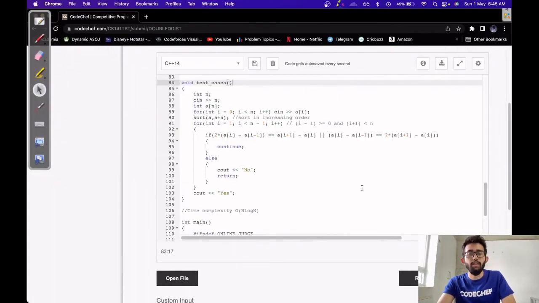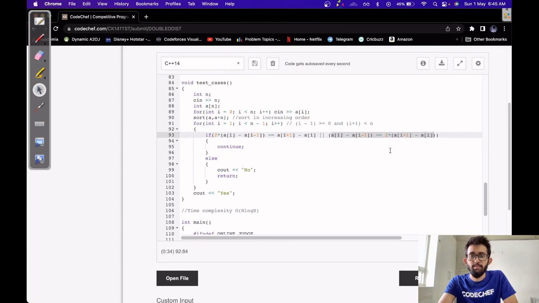Have a look at the implementation part. We take our input n, we take our input array A. Now we sort the array A in increasing order, and now we run the loop from I equal to 1 till I less than n minus 1, and we check for the two conditions. One of these conditions must hold, and these are the conditions. Either this should hold or this condition should hold.